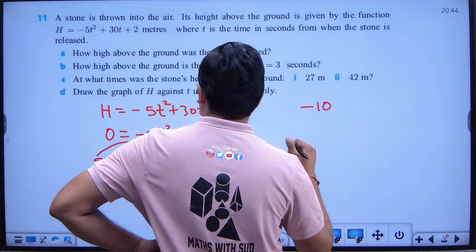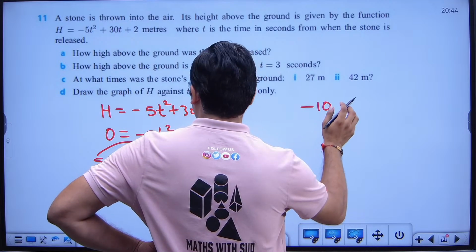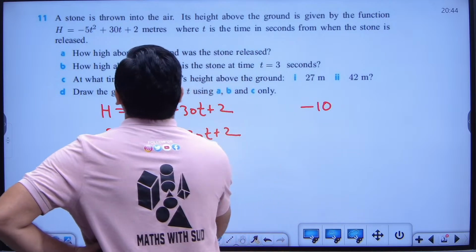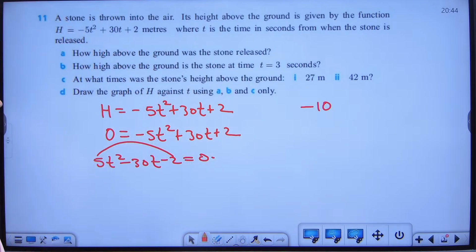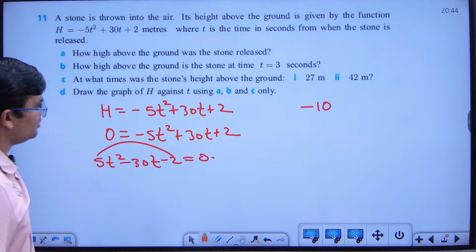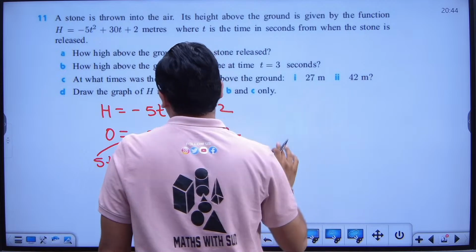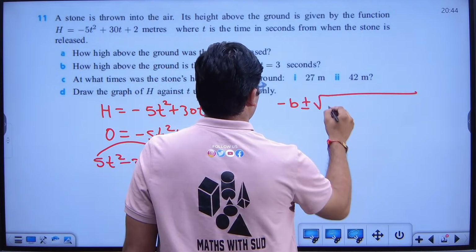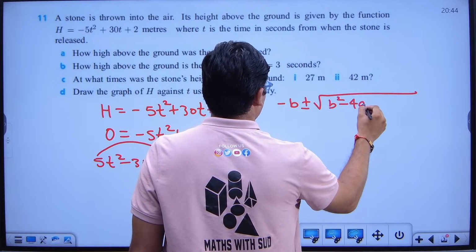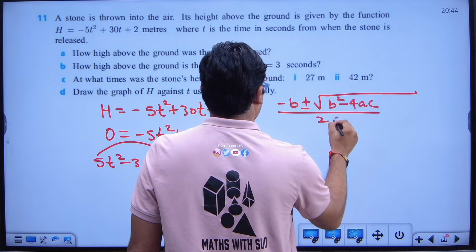5 into 2 is 10, and you have to think of two numbers whose addition is 30 and multiplication is 10. Not possible. So use the discriminant to find if it's even possible or not. So let's use the quadratic formula: minus b plus minus under root b square minus 4ac divided by 2a.